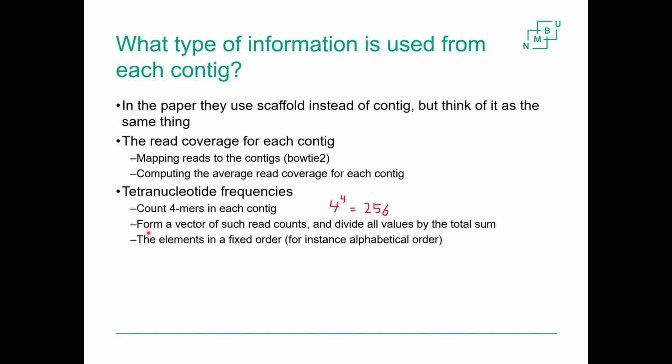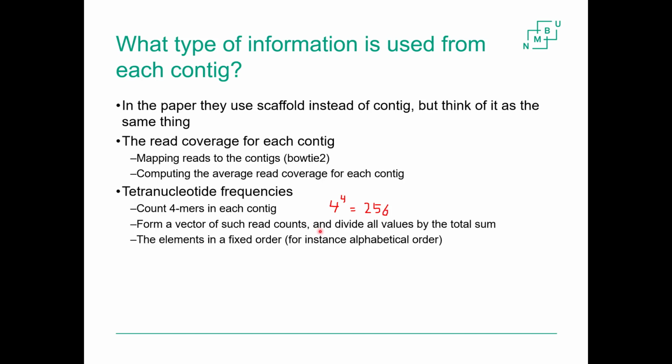But anyway, doesn't matter. Form a vector of such read counts and divide all values by the total sum. Actually, the last part is not really stated anywhere, at least I couldn't find it in that paper, that they actually divide by the total sum so that you have relative frequencies.